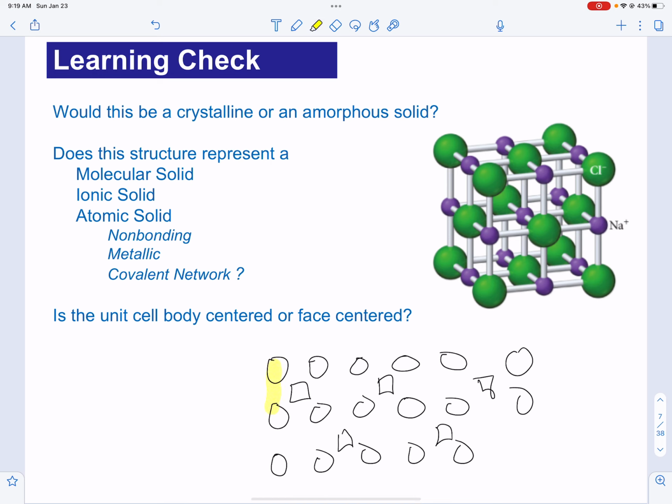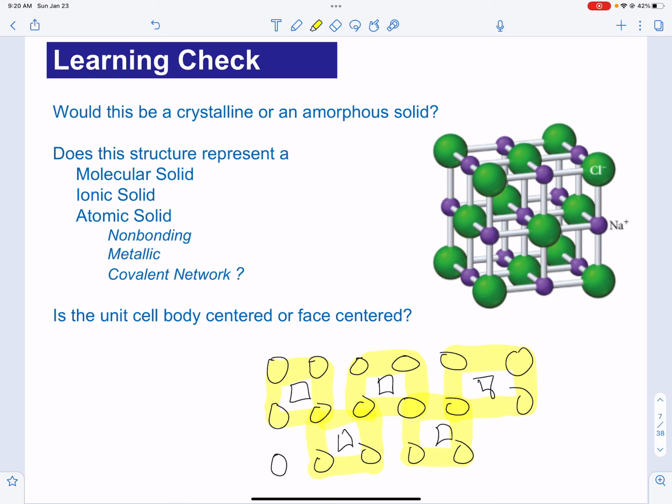I am detecting a pattern. Oh, okay, there's one. Okay, I can see my repeating unit. So I have a repeating unit in here. So that repeating unit is what we call the unit cell. You look for a pattern and you find the smallest possible pattern you can find.